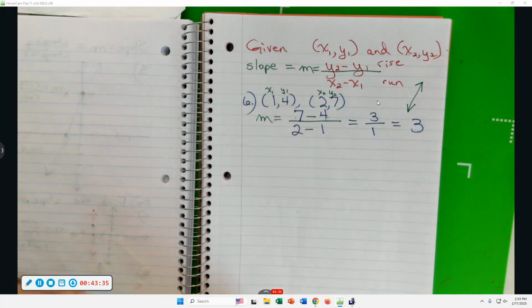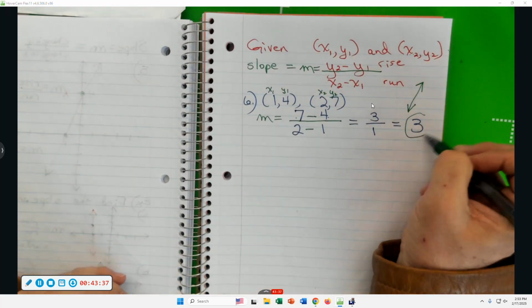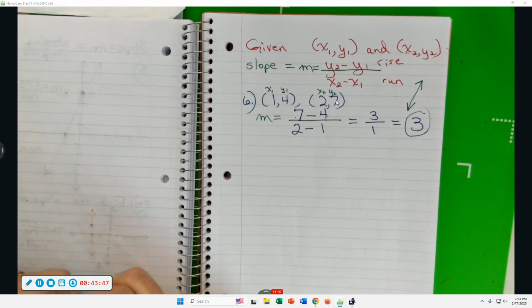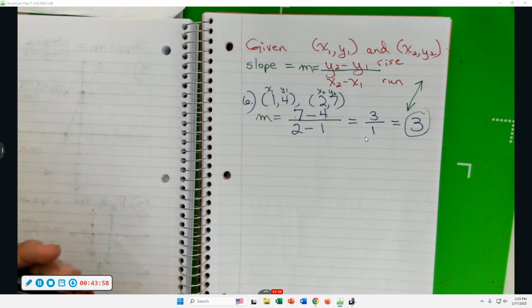But all they're asking for is the slope. I remember years ago a student said, why do we really need this when we could just plot the points and count? And I said, yes, but imagine if this 7 were a 700. Heck, a 17. Counting? Okay, I've got to go from 700 to 4.